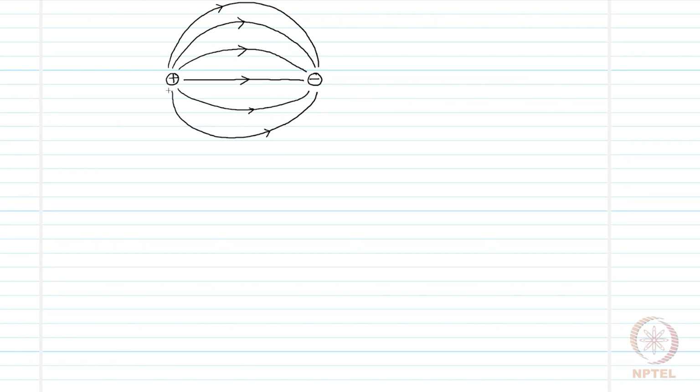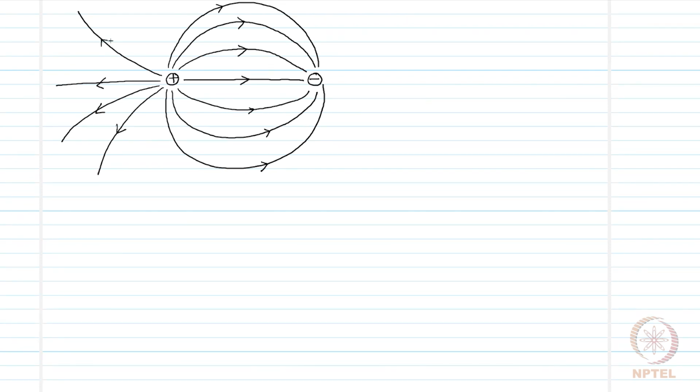And when a line cannot connect the two charges, it will just diverge, something like this, also in this direction, but here the direction of the arrow would be towards the negative charge, because that's the direction of the electric field.